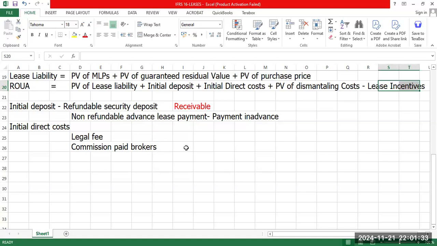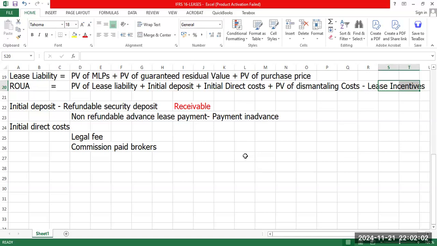And colleagues, incentives can be in the form, it does not necessarily mean reimbursement. Talk about, let's say, a rent-free period. You enter into an agreement maybe with the landlord, and the landlord says, okay, I'm giving you six months for free, then you start paying after.